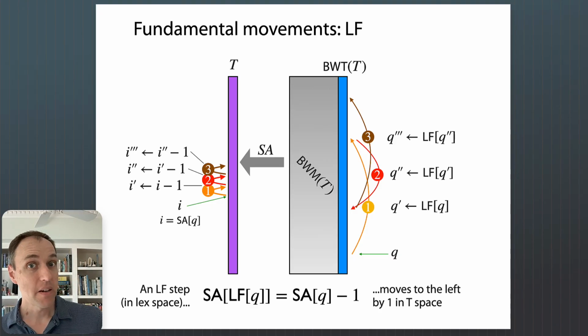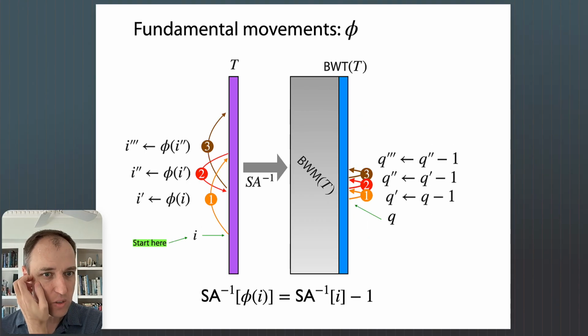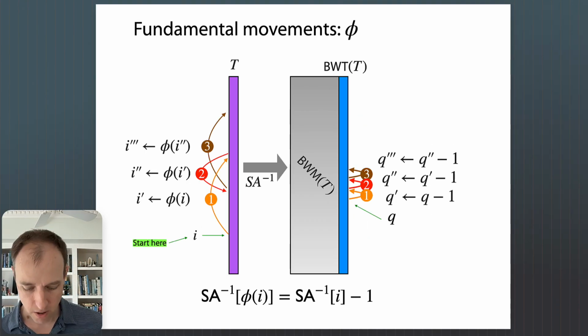Now we did talk about another kind of movement, almost like the mirror image of this, where instead of making large unpredictable movements in lex space, corresponding to leftward movements by 1 in T space, we can do large unpredictable movements in T space, but movements that are to the left by 1 in lex space.